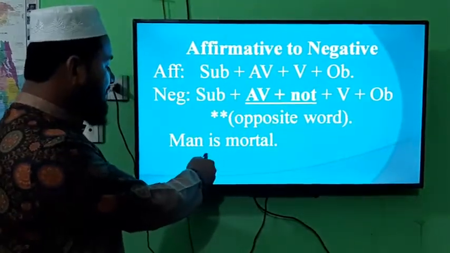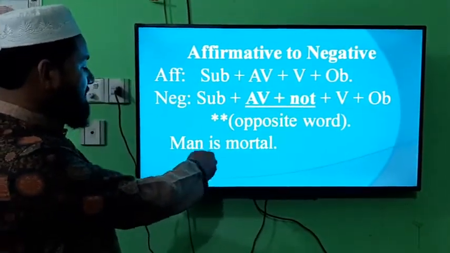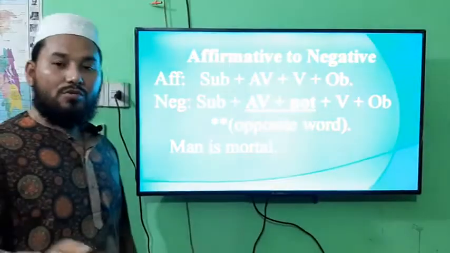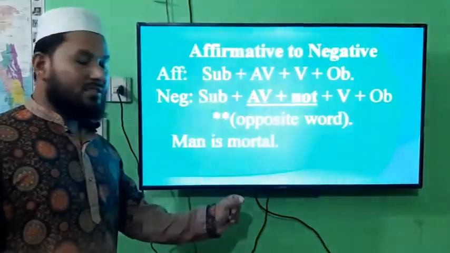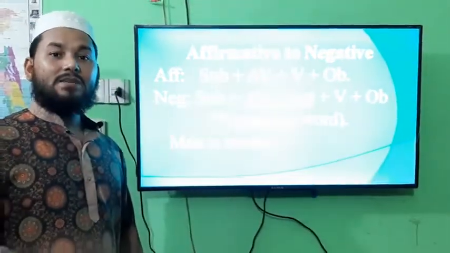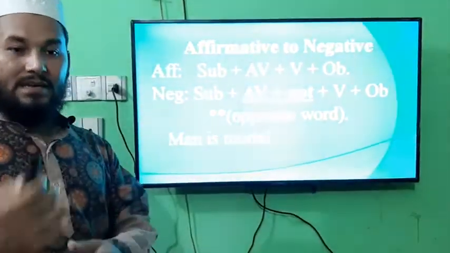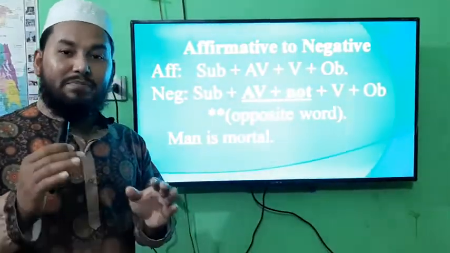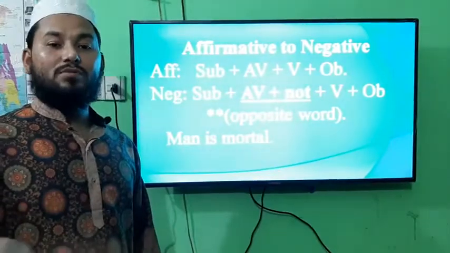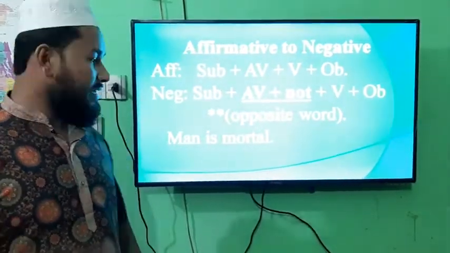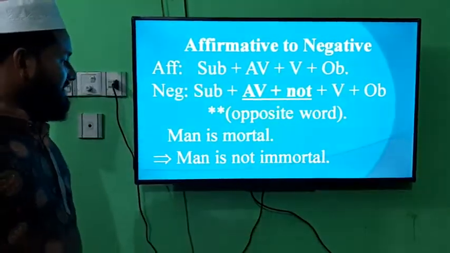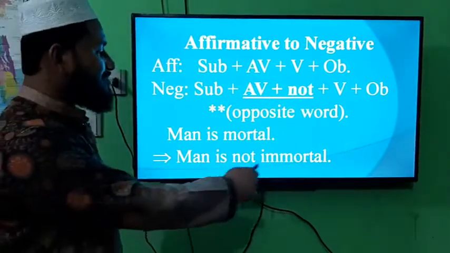Here the auxiliary verb is is. Okay. So we will input not after is, and for maintaining the meaning we have to use an opposite word. That time the answer will be man is not immortal.